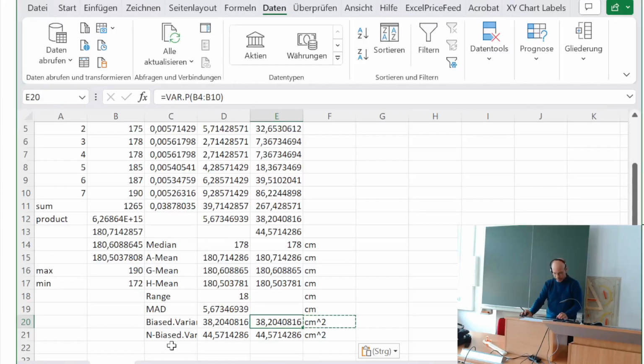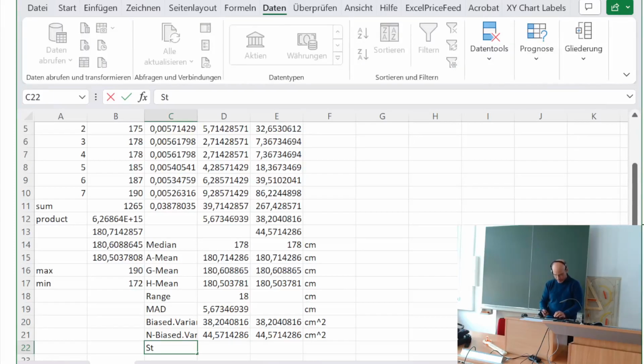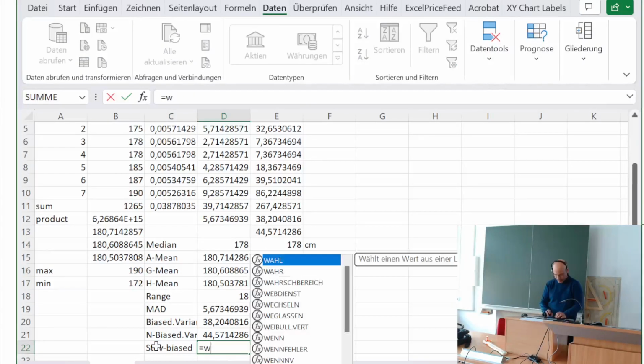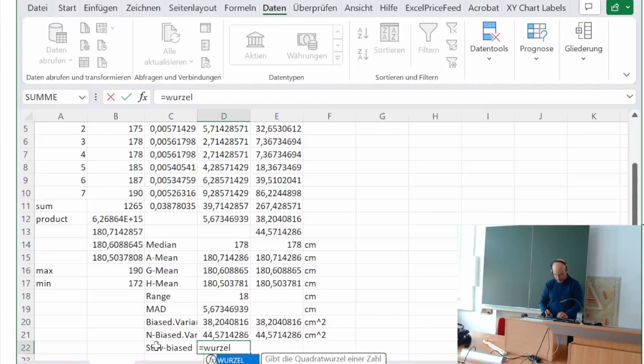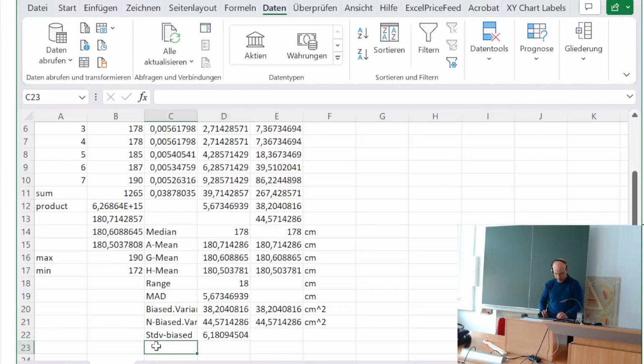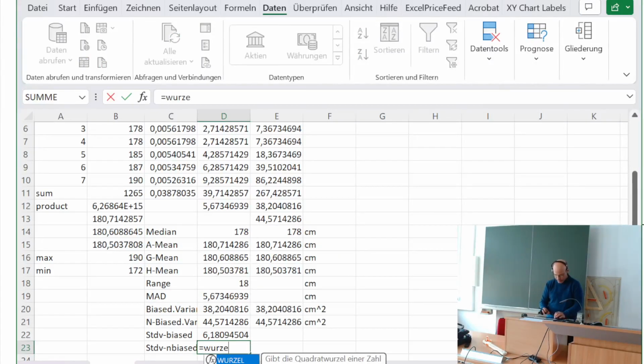So the standard deviation from the biased one would be the root of the biased variance, and the standard deviation of the non-biased one is then the root of the non-biased variance.